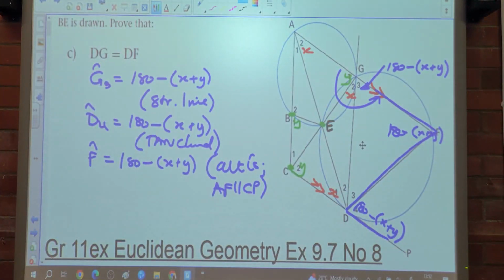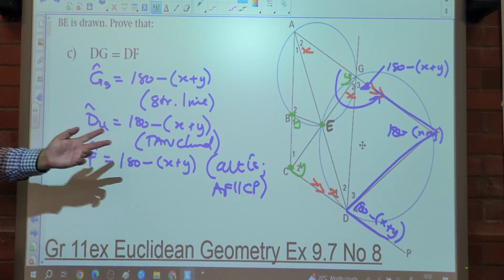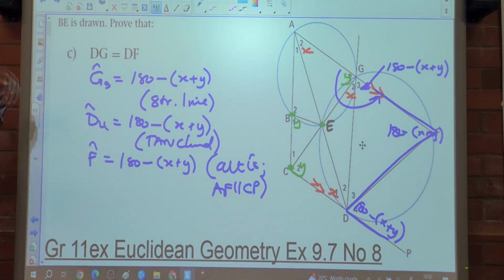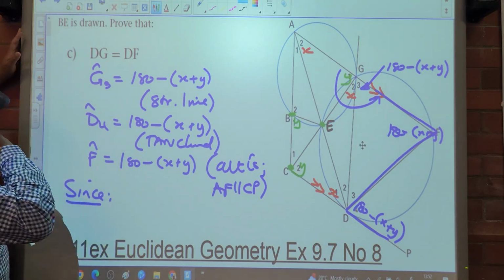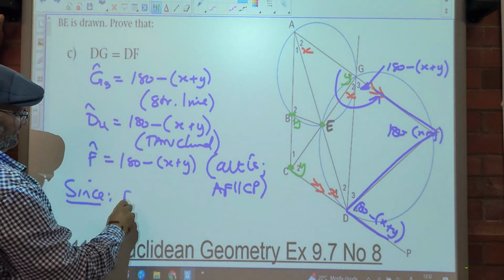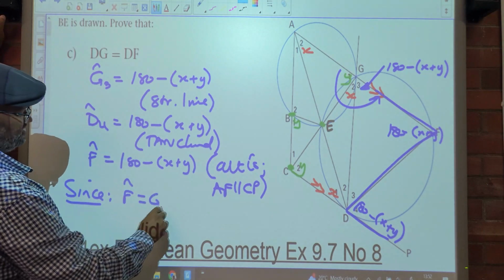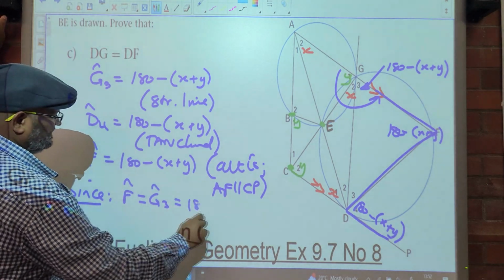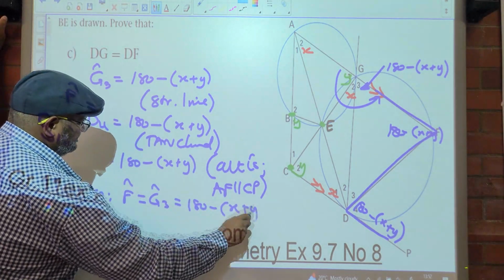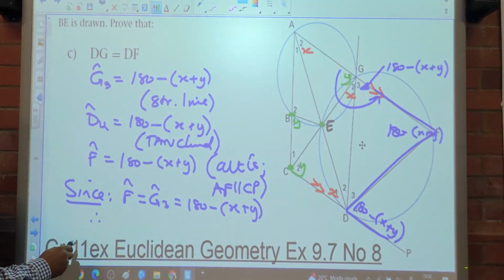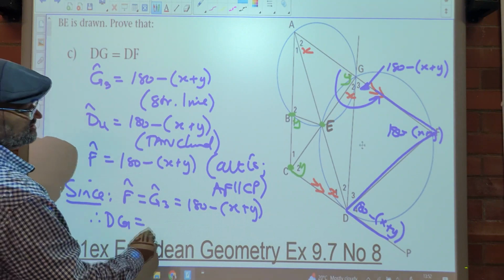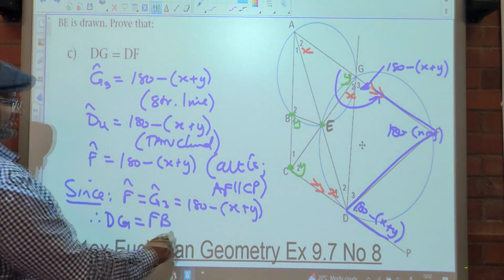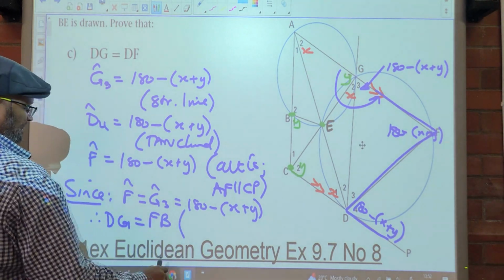Now what can we say? We have enough now to conclude. Since angle F is equal to G3 equal to 180 minus X plus Y, therefore, DG is equal to DF.